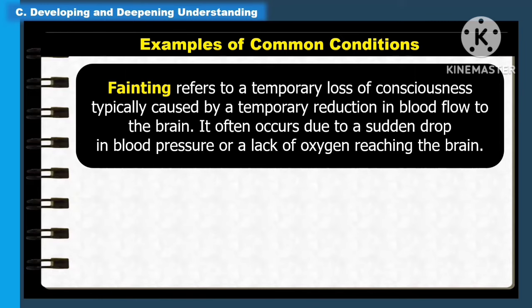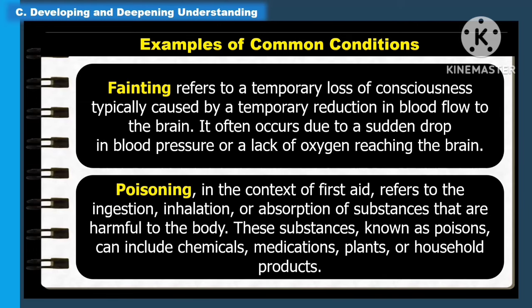Another example of common condition is fainting. It refers to the temporary loss of consciousness, typically caused by a temporary reduction in the blood flow to the brain. It often occurs due to a sudden drop in blood pressure or lack of oxygen reaching the brain.